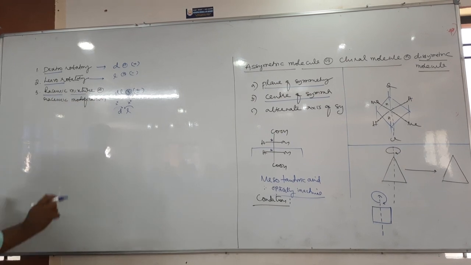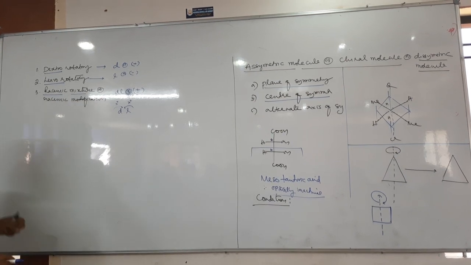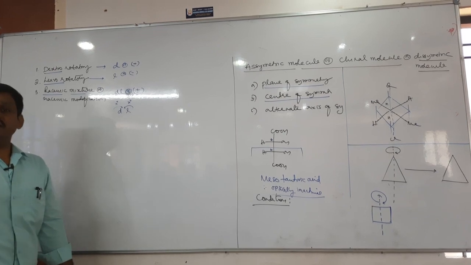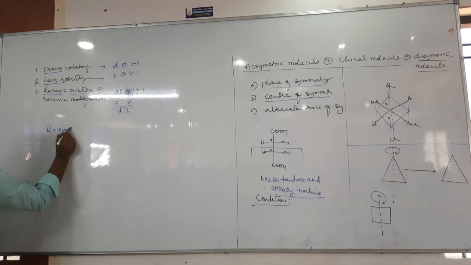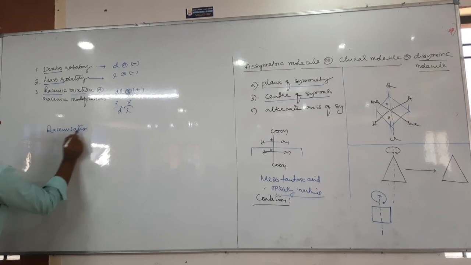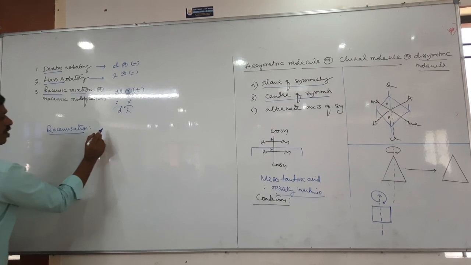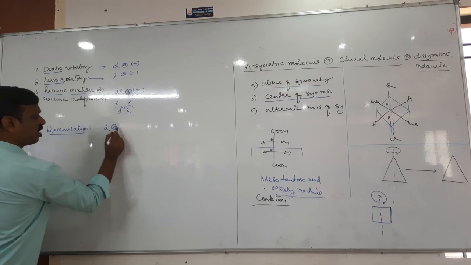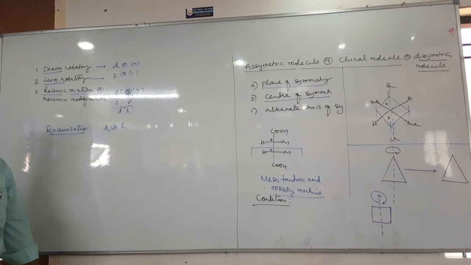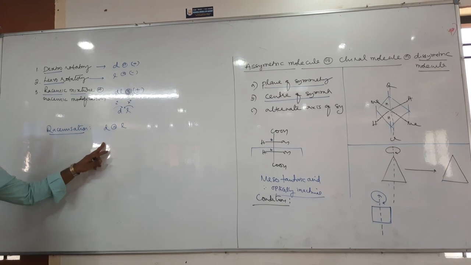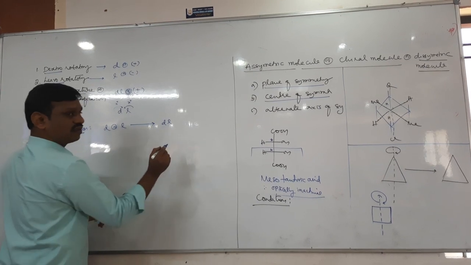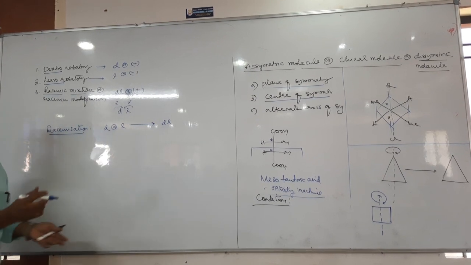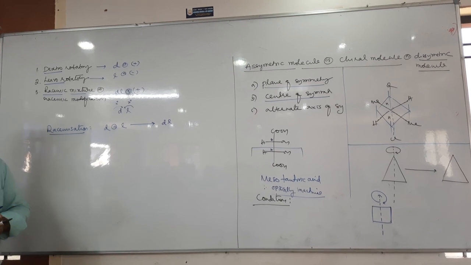Next we will study two more important terms, resolution and racemization. First, racemization. Let us take D or L. D is optically active, L is also optically active. If you convert D or L into DL, the racemic mixture, it is called racemization.